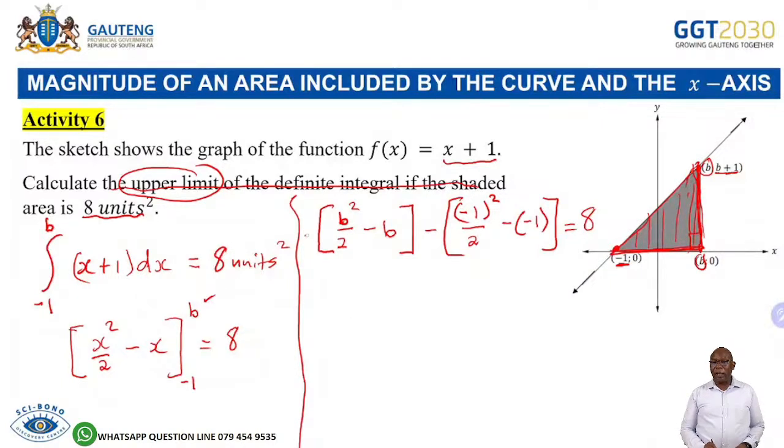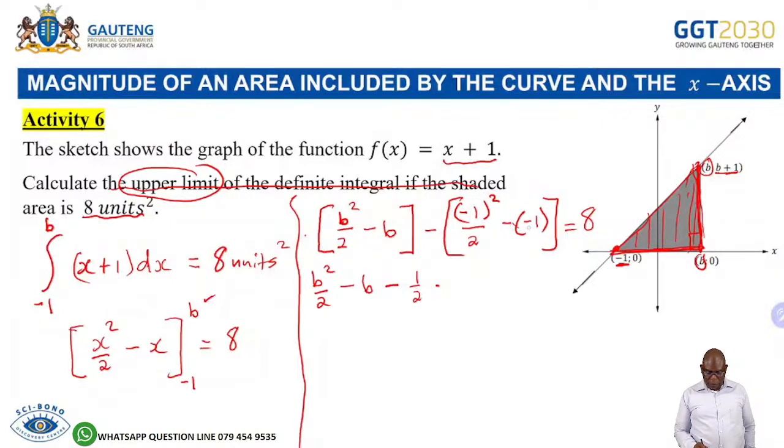Please don't put an equal sign there, then you have got double equal signs. Because I already have an equal sign for the area, that whole thing must give me the area. So I'm now going to have b squared over 2 minus b minus a half, because -1 squared is 1, negative times positive is negative, negative times negative is positive.